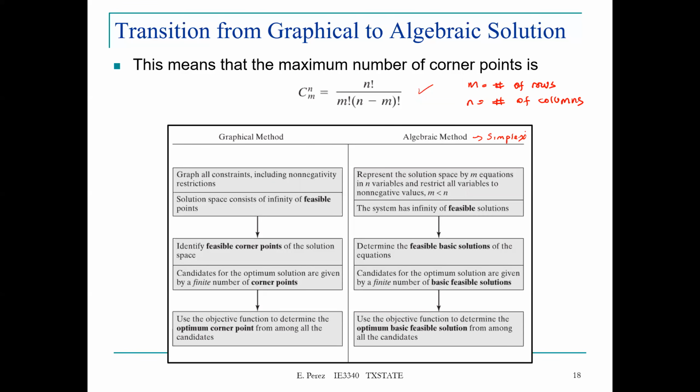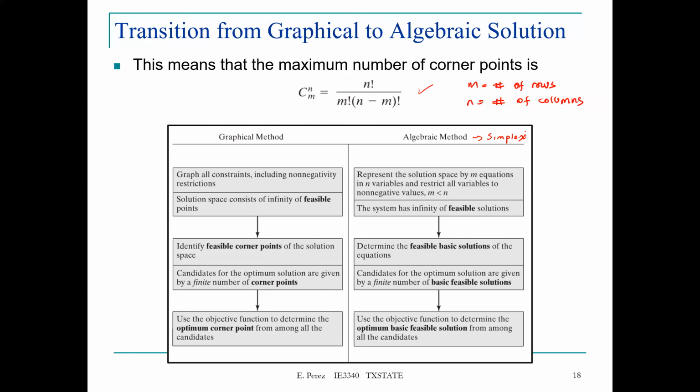The solution space consists of an infinity of feasible points. We identified the feasible corner points of the solution space, and candidates for the optimum solution are given by a finite number of corner points. And then we use the objective function. You remember that iso-cost, iso-profit line. We use the objective function to determine the optimal corner point from among all candidates.